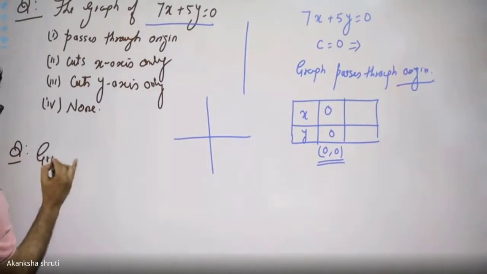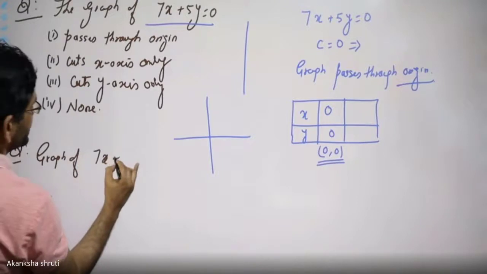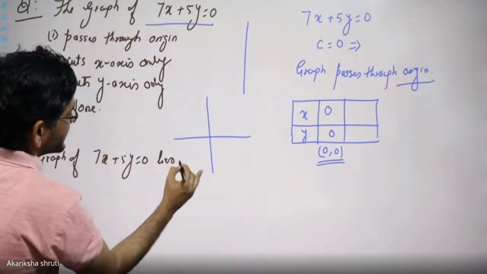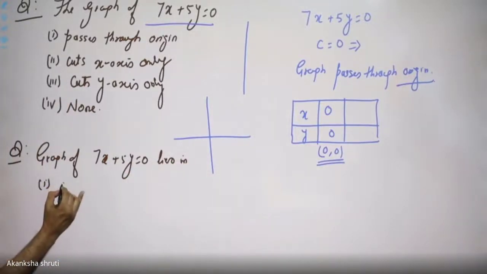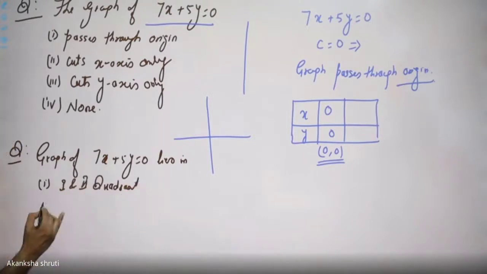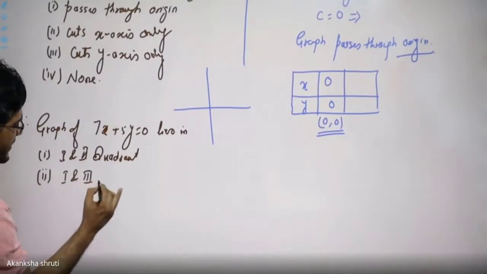The graph of 7x plus 5y equals 0 lies in which quadrants? Option 1: first and second quadrant. Option 2: first and third quadrant.